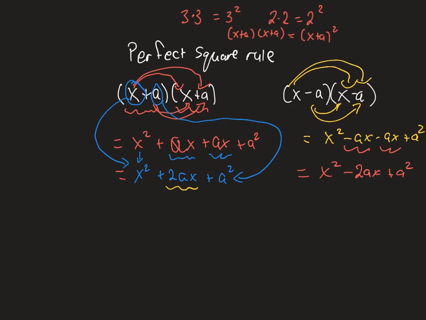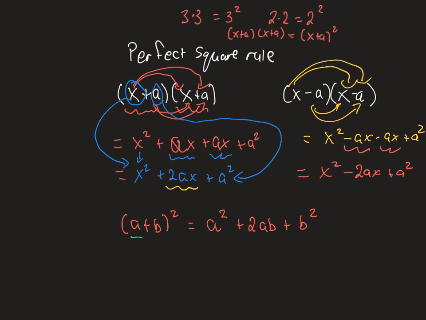So from this we can kind of make a general rule. And the general rule here would be, now let's use some a's and b's here. So let's say I have a plus b squared. This should always give us a squared plus 2ab plus b squared.